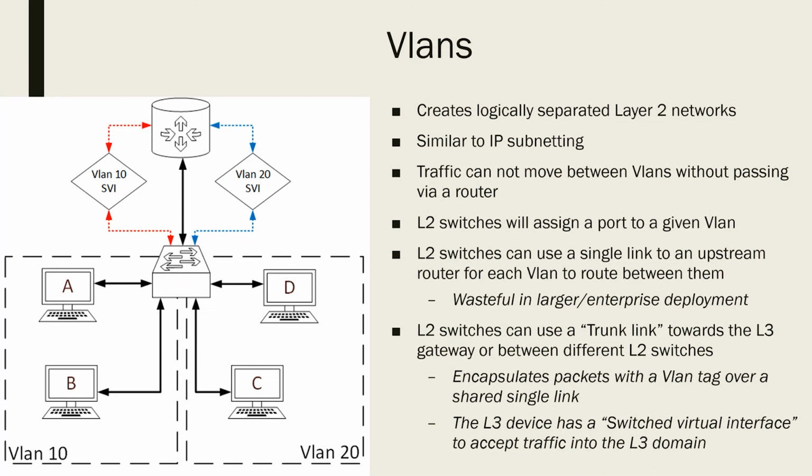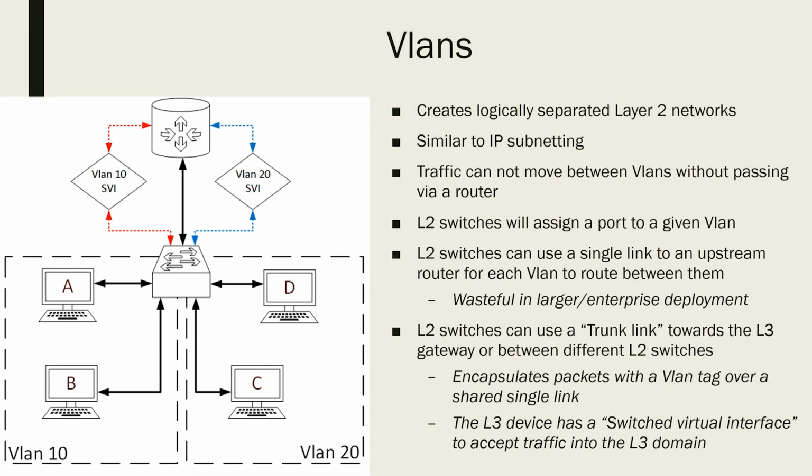So what happens is, A is going to send the traffic to its default gateway because it's going to reach outside of its local subnet, outside of its local IP range. The traffic reaches the switch. It sees, okay, this is from VLAN 10, I'm going to tag that traffic and send it up towards the router. The router sees that tag as well and says, okay, that's been received from VLAN 10.